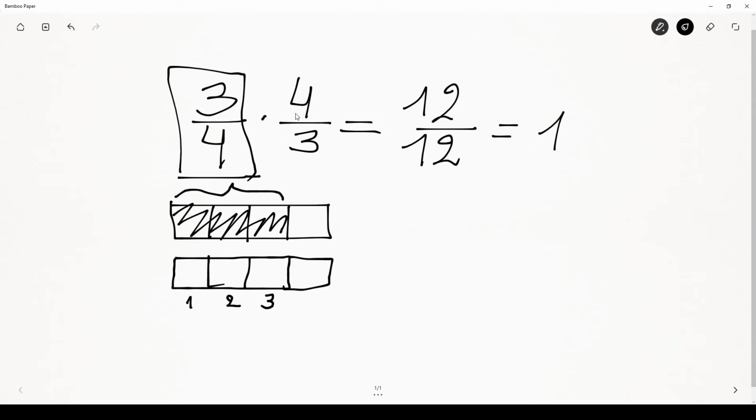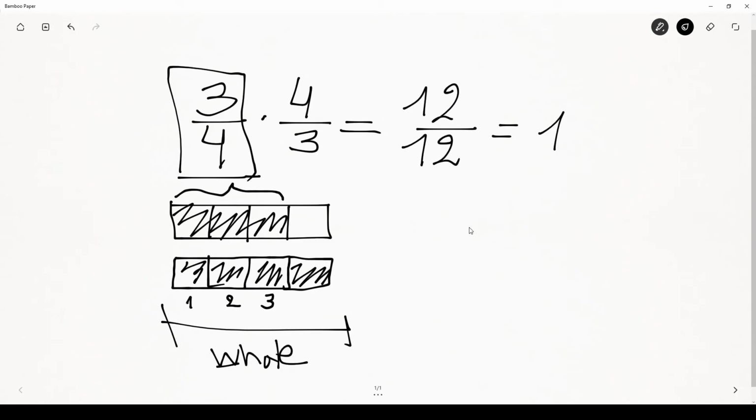And we take 4 equal pieces. So we take 1, 2, 3, and an extra 4th piece. So the result is we have the whole original item again.